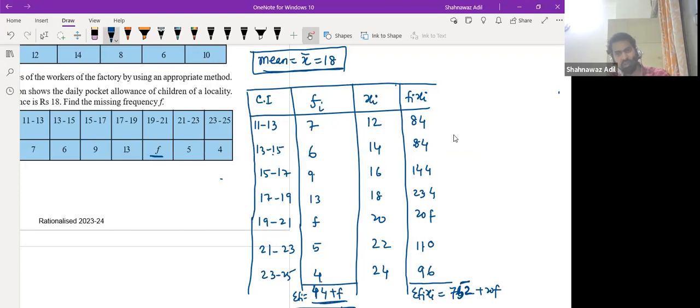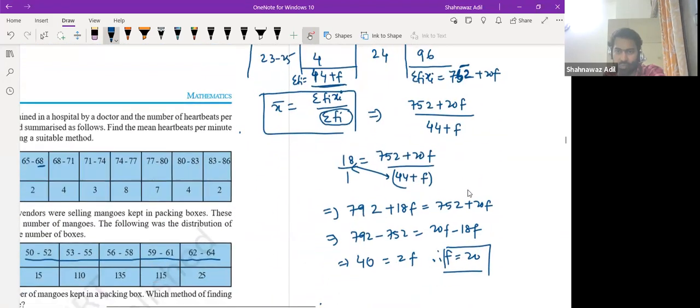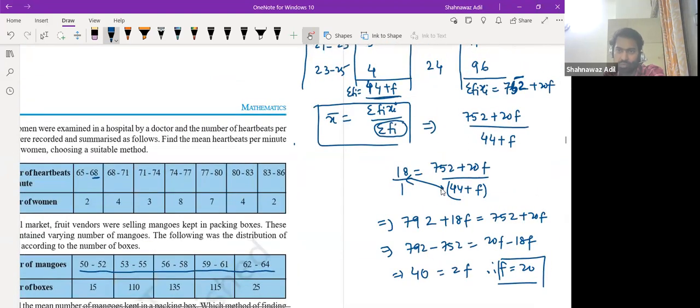Yes, whenever you have noted it down, please scroll it down. Noted.